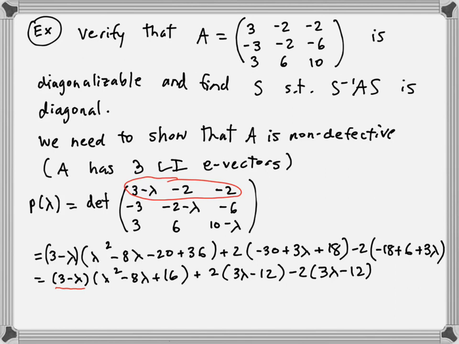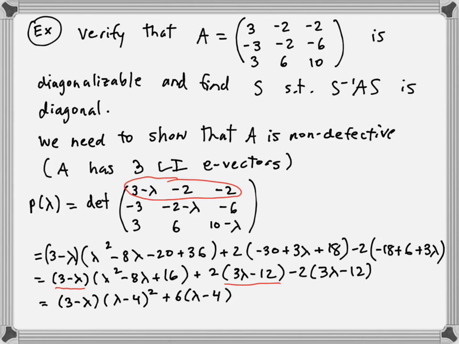Now, normally you wouldn't do this, but we're doing this so that we can factor by grouping so we don't make this too complicated. You want to avoid getting a cubic because you can't factor that. So how do you factor this? We have 3 minus lambda, and then this guy is actually a perfect square. This is lambda minus 4 squared. And now we notice that if I pull a 3 out of this guy, I'm also going to have a lambda minus 4. So I get plus 6 times lambda minus 4.